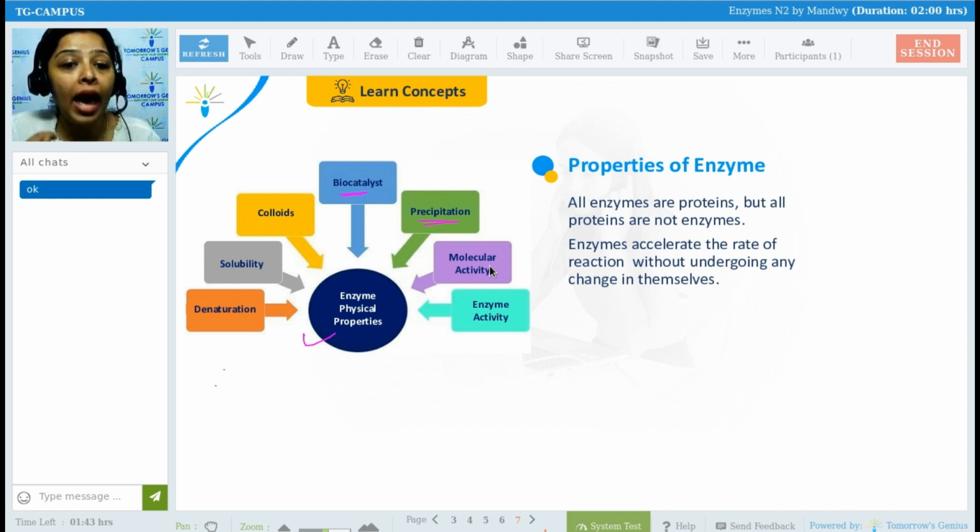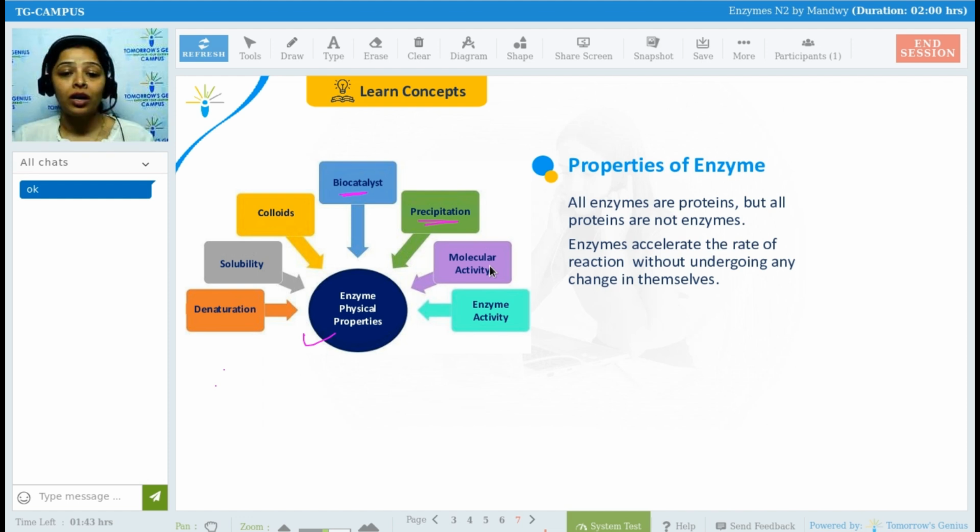Once you add an alkaline or acidic solution to the enzyme, enzyme precipitation will take place, which means the enzymes are amphoteric.